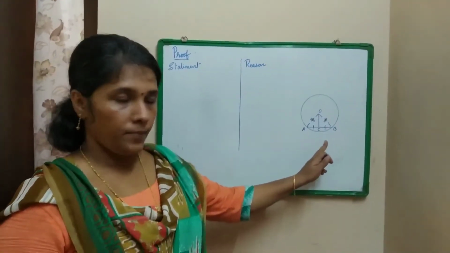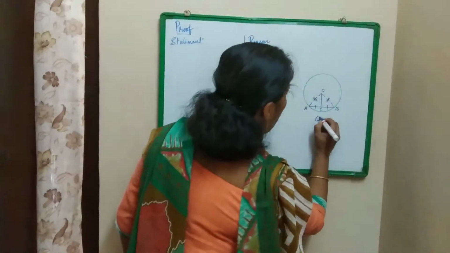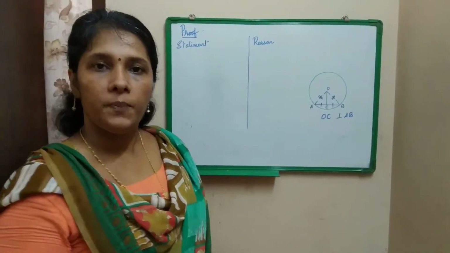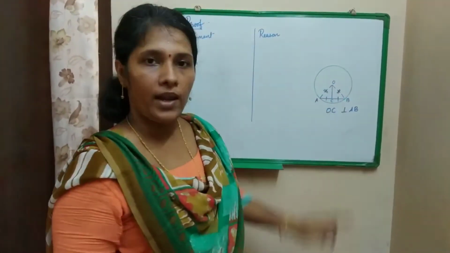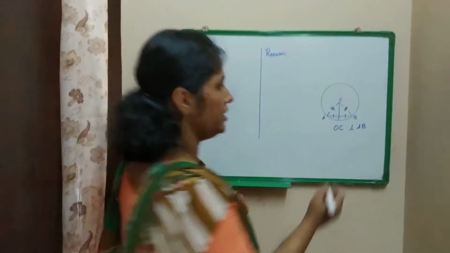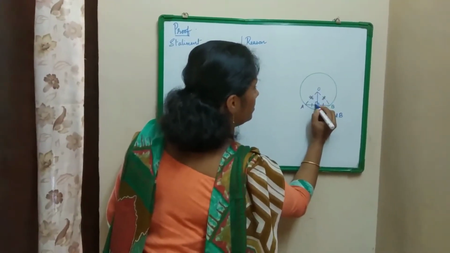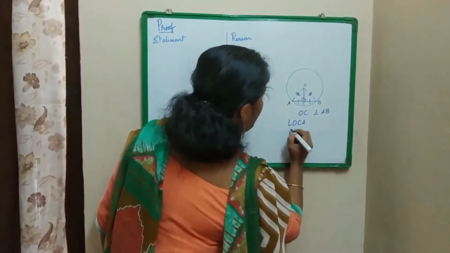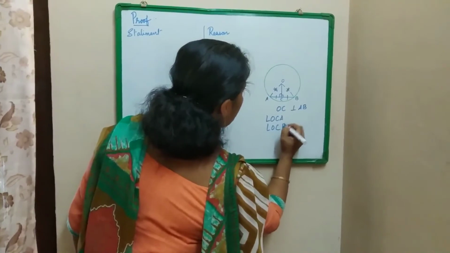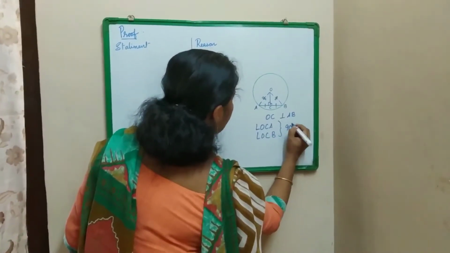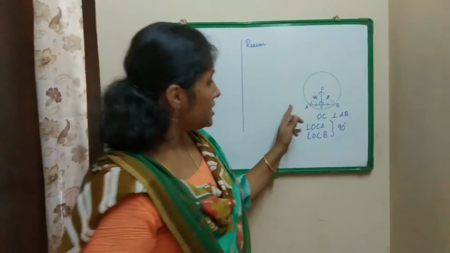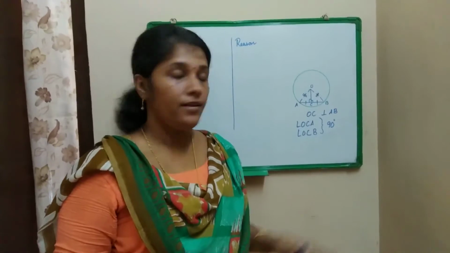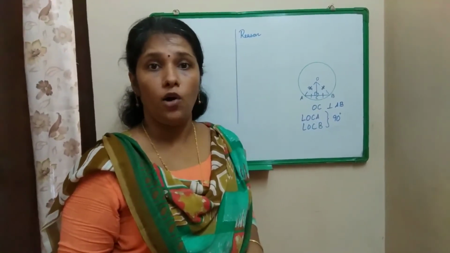Proof of this theorem. We have to prove OC perpendicular to AB. What is perpendicular? Perpendicular means that these two lines make an angle of 90 degrees, which means that here angle OCA and angle OCB should be 90 degrees. One more thing you can see from the figure, ACB is a straight line, and at C you can find an angle of 180 degrees.